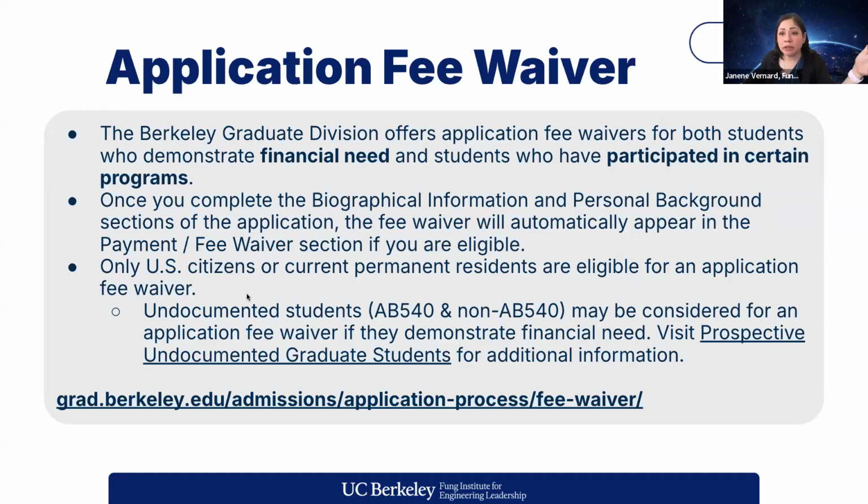Then a few days before that priority deadline, I will work with the graduate division to make sure that they waive those applications and that we get them paid. And this is in addition to the application fee waiver document for outside of that process.